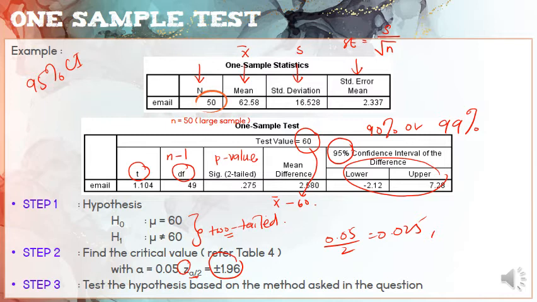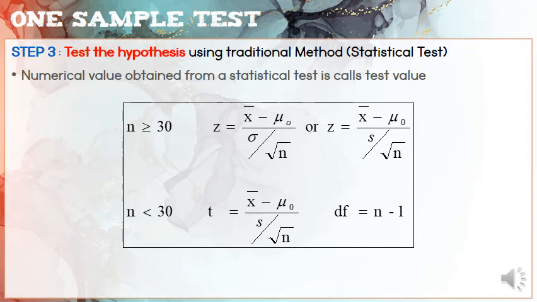Step 3, test the hypothesis based on the method asked in the question. So dalam contoh ni saya explain ketiga-tiga cara. Okay, kalau disuruh test hypothesis using traditional method, okay, kita nak pakai statistical test. So, numerical value obtained from a statistical test is called a test value. Ni, you kena cari you punya test value. Okay?